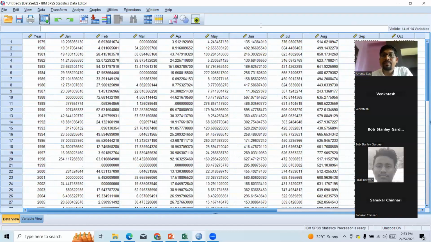Okay, 2 questions in the chat box. Venkatesh asks one question: how can we categorize significant increasing, significant decreasing if there is any base value? Yes, ma'am, there is a base value. There's a defined base value.